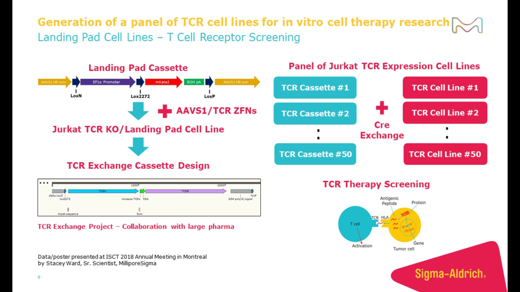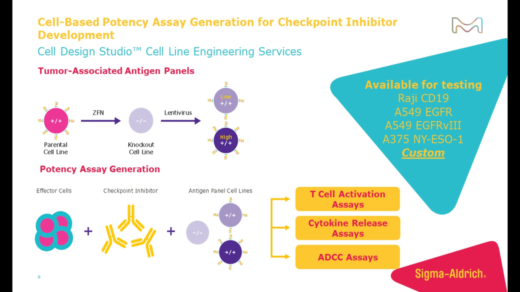So this is one simple example of where we can, in a uniform and controlled way, introduce specific TCRs into a known population of cells and then either screen or assay those cells, knowing what's on the surface, rather than working the other way around and doing the assay and trying to figure out what was on the surface of the things that we were looking at.